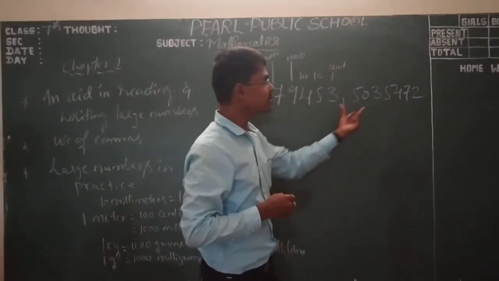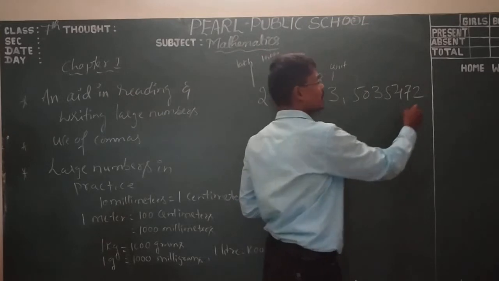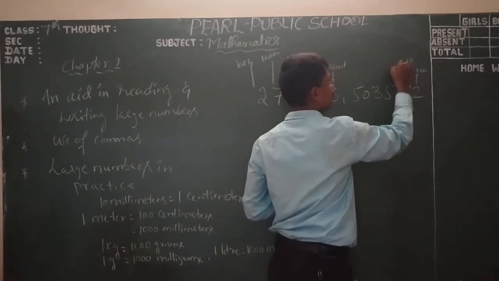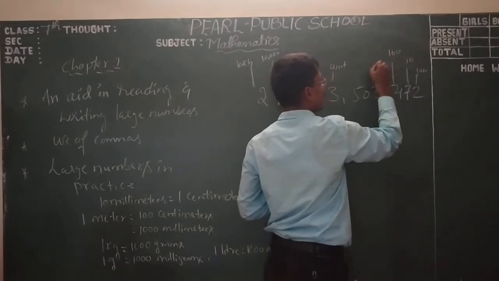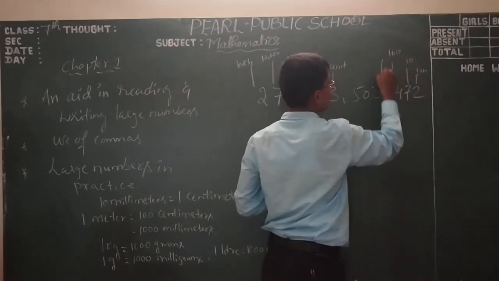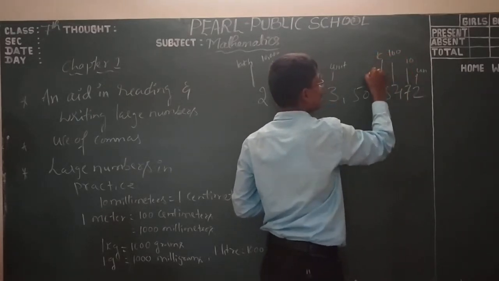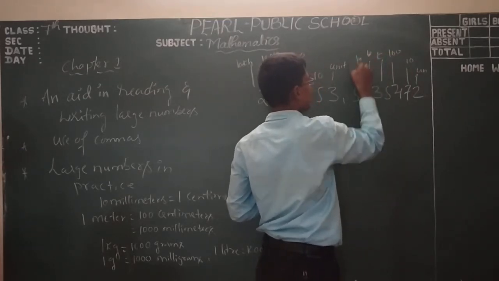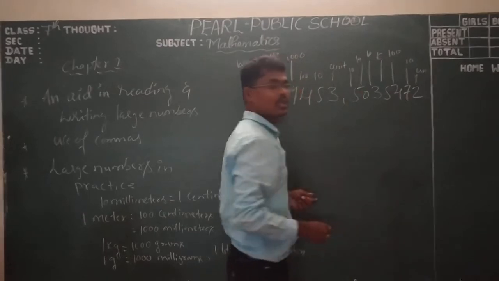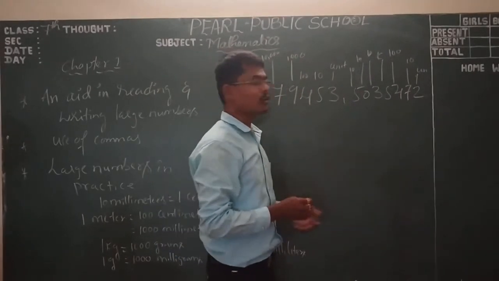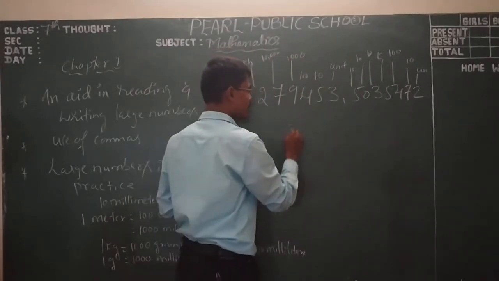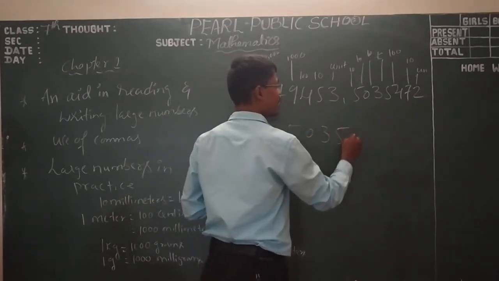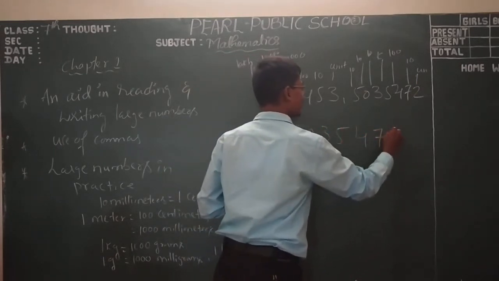I have written some digits here. Now look at here. Again I am going to write this as a unit position, and this is a tenth, and this is 100, and this is 1000, and this is 10,000, and this is lakh, and this is 10 lakh position. Now look at here, don't get confused. I am going to write again here 5, 0, 3, 5, 4, 7, 2.